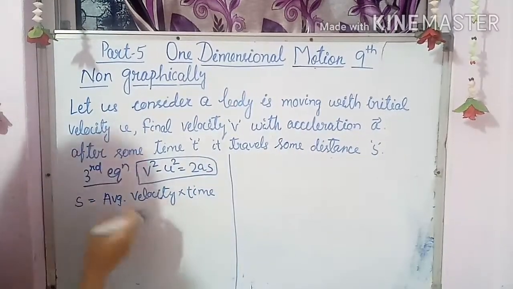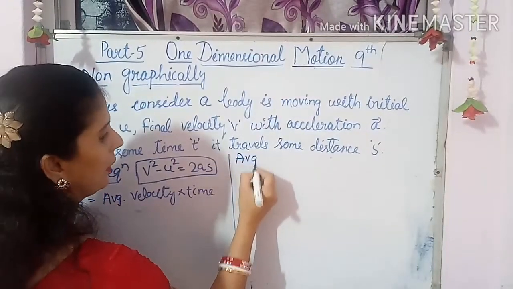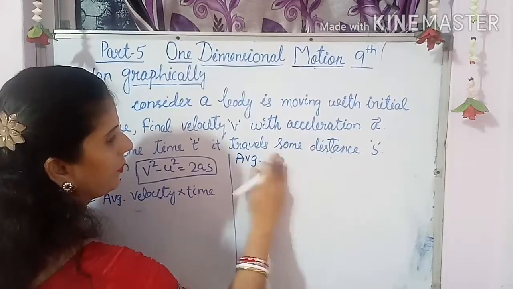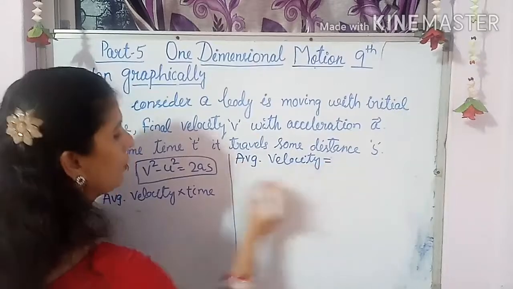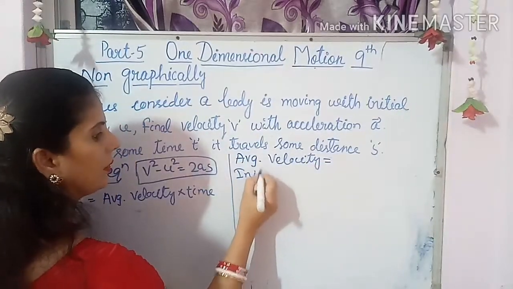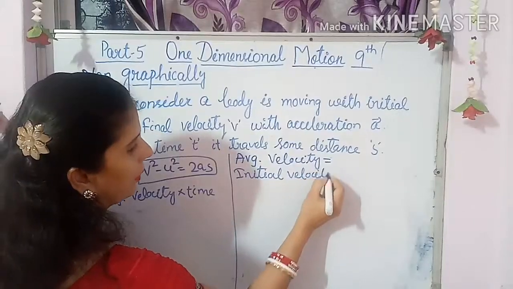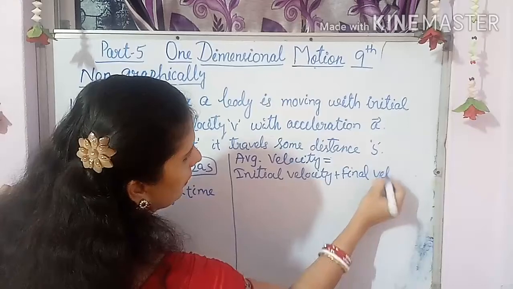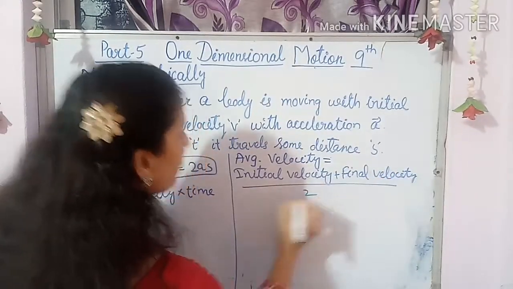How will you calculate the average velocity? As you know, average velocity equal to initial velocity plus final velocity by 2.